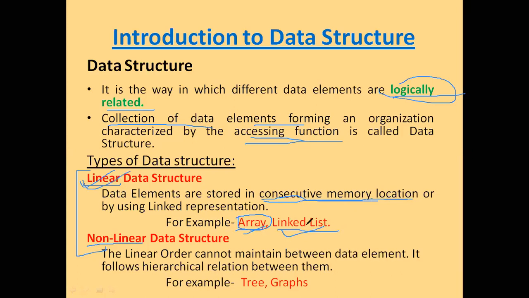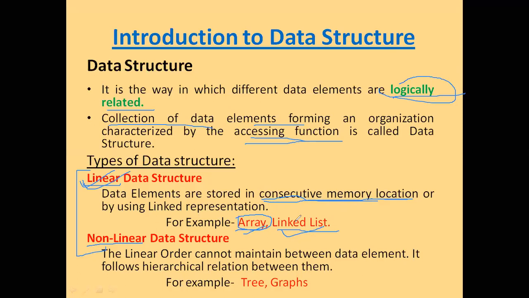The difference between array and linked list you should know; we will do that later on. For an array, you need consecutive memory locations to store data in memory. But in the case of a linked list, you don't require consecutive memory locations.